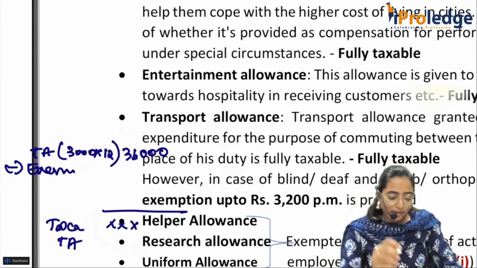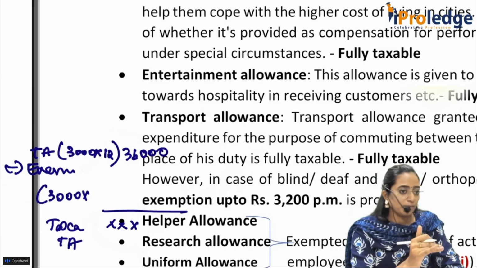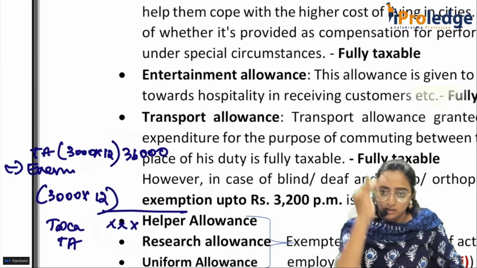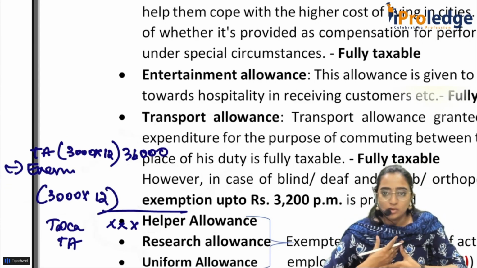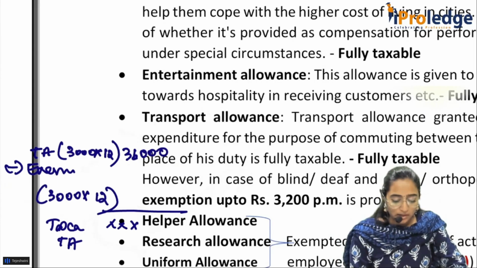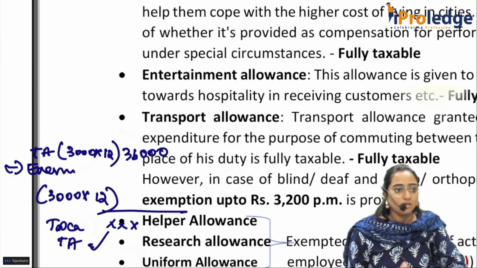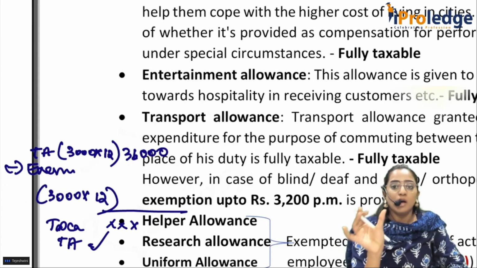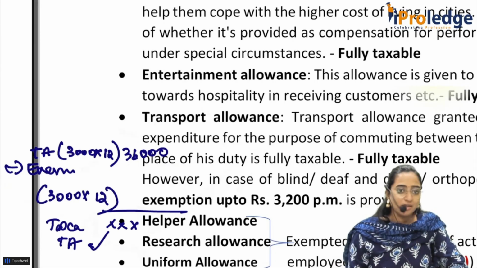I can take a maximum of 3,200, but if the money received is less than that, I take only what was received. I have received only 3,000 rupees, so how can I take an exemption of 3,200? Won't it give me a negative figure in my taxable amount? There can never be a negative amount. It can be either zero or positive. Your taxable amount can never be negative. There can be no negative tax here.